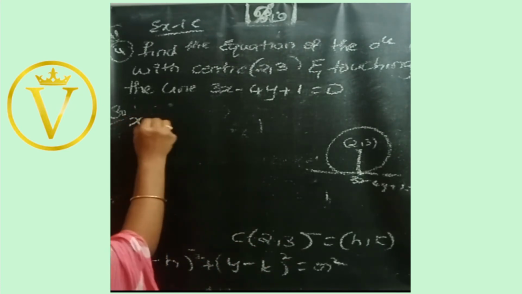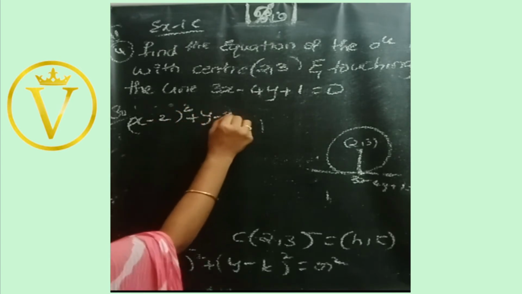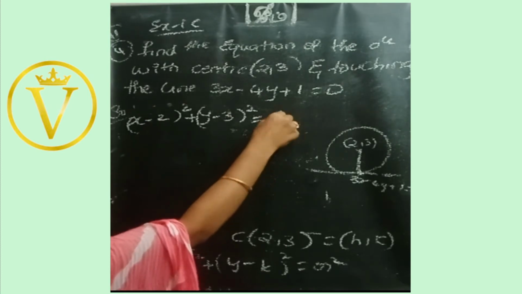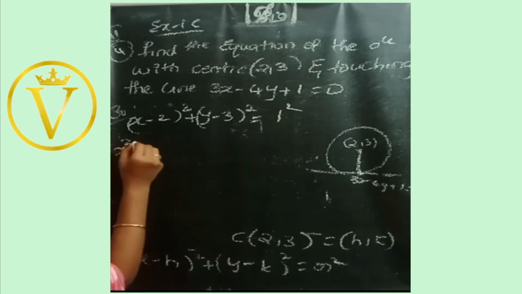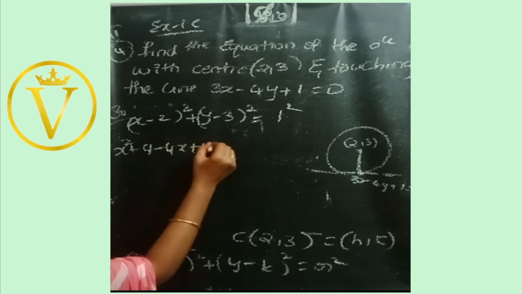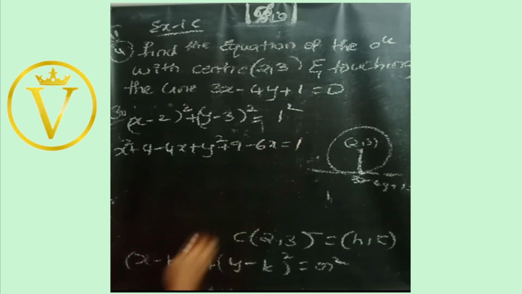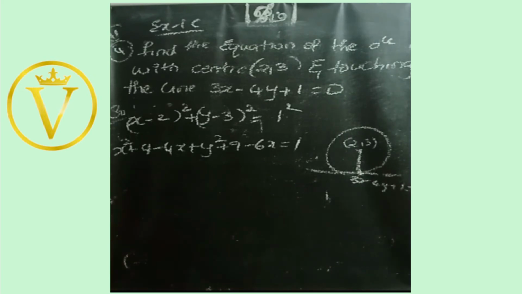Okay. (X minus 2) whole square plus (y minus 3) whole square equals 1 square, which will be 1 only. X square plus 4 minus 4x plus y square plus 9 minus 6y equals 1. Okay, now simplify the answer here.